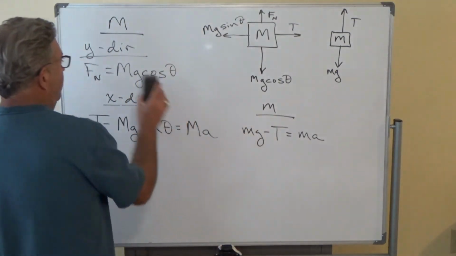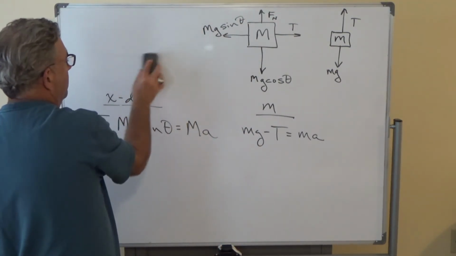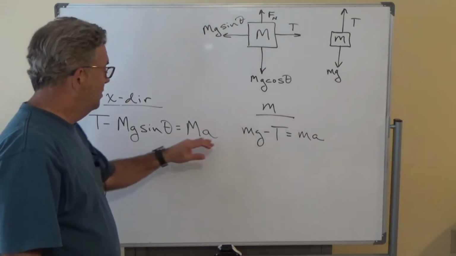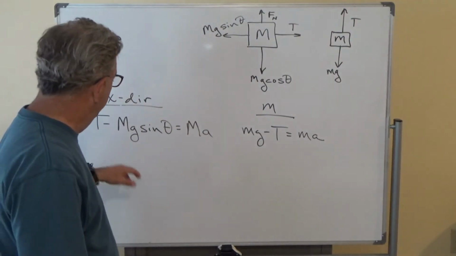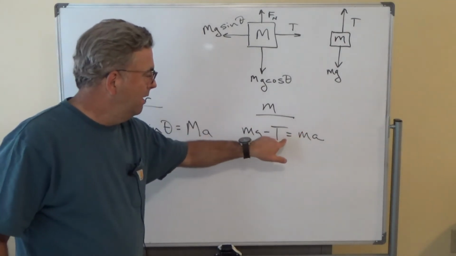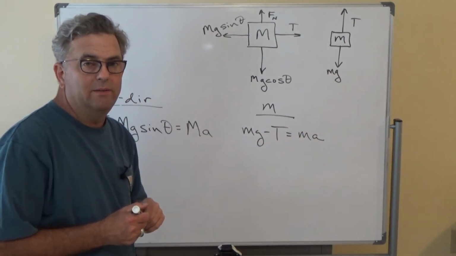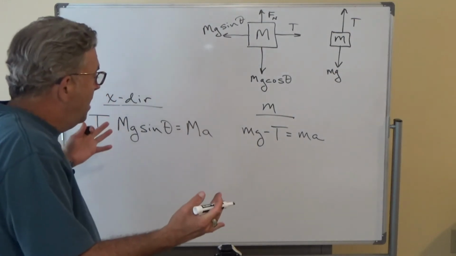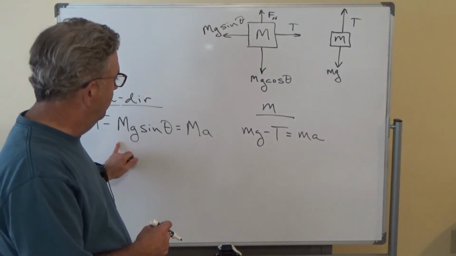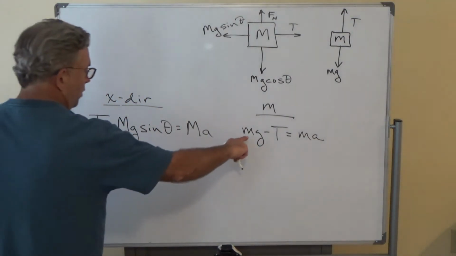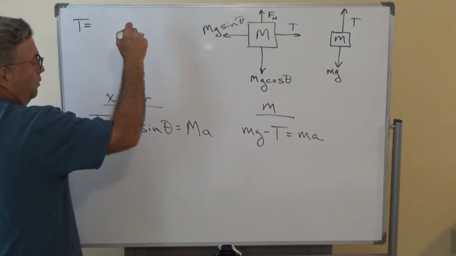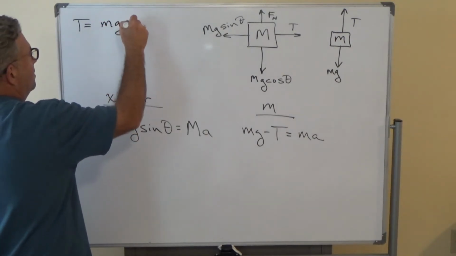Now, we do the same thing that we did before. I want to solve for the acceleration of the system. So I'm going to solve one of these equations for the tension and plug it into the other one and solve for A. It doesn't matter which one you do. I'll solve this one for T and plug it in here. So using this equation, I get T is equal to mg minus ma.